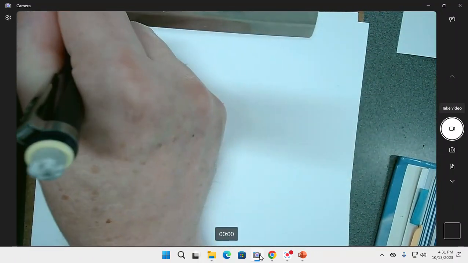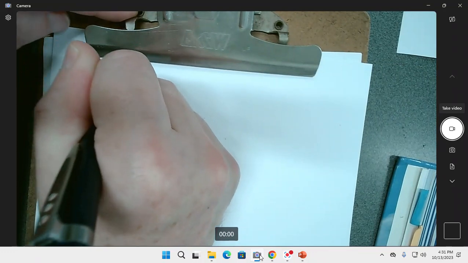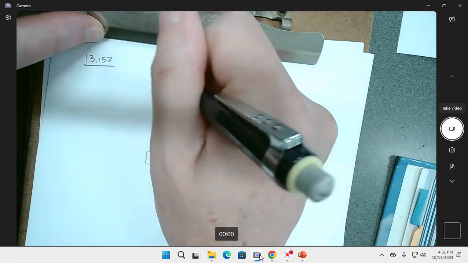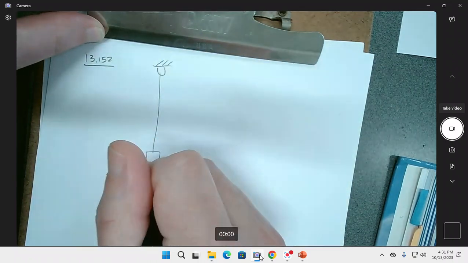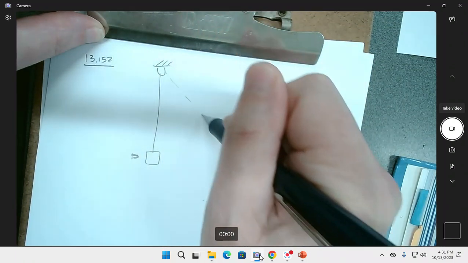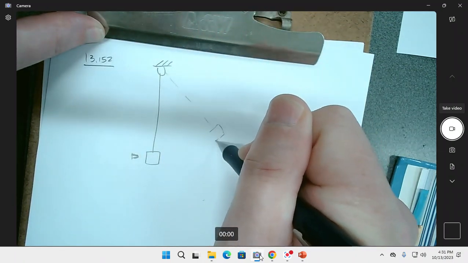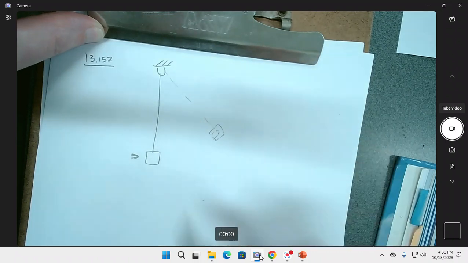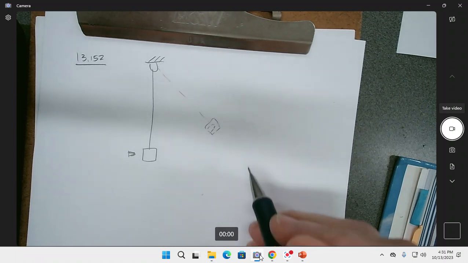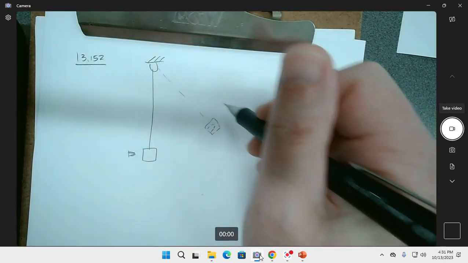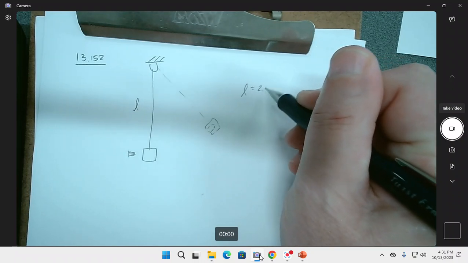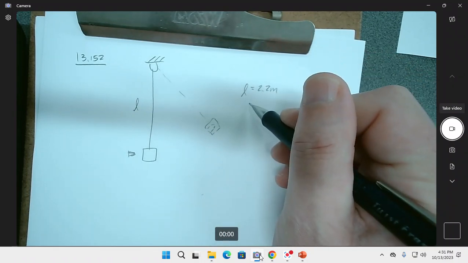So if you're looking at 13.152, we have this pendulum hanging down there, there's a bullet traveling through it, and at some time later, by the way, the bullet embeds. We find out that the length here is 2.2 meters. That's a lot.